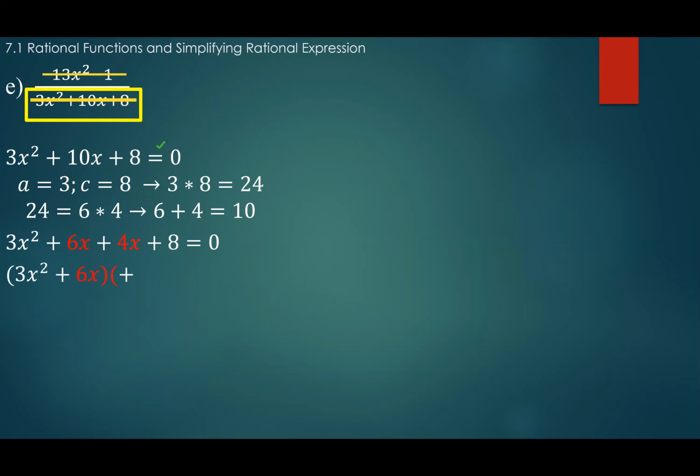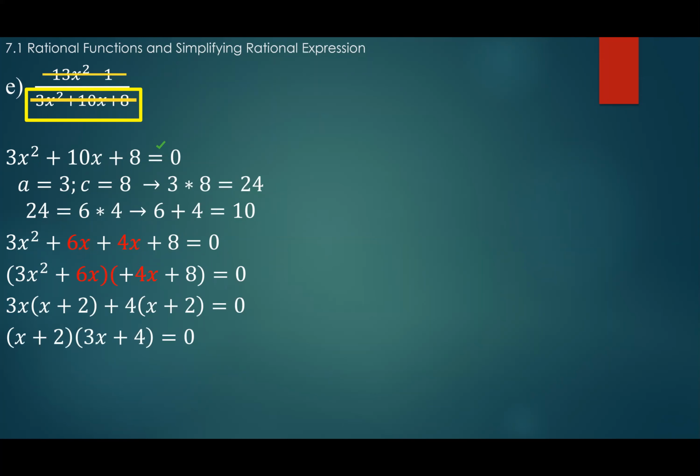You put the first two terms in the first group and the other two in the second group. In the first group, between the 3 and the 6, I can factor out a 3: 3 goes into 3 one time and 3 goes into 6 two times. Between the 4 and the 8, I can take out a 4, and I still have x plus 2. The x plus 2 I bring to the outside. What is the leftover? The leftover is 3x plus 4.